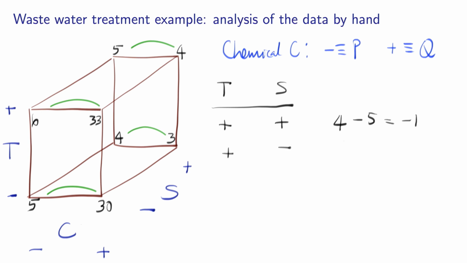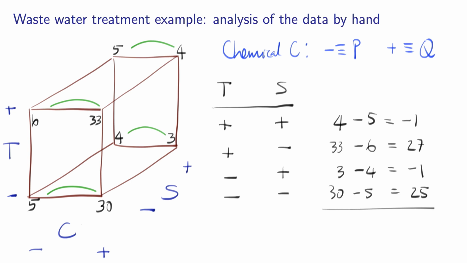At high temperature and low speed, that's 33 minus 6. At T minus and high speed, in other words, S plus, it is 3 minus 4. And finally, at low temperature and low speed, it's 30 minus 5.